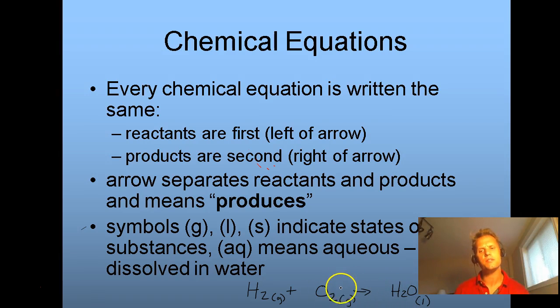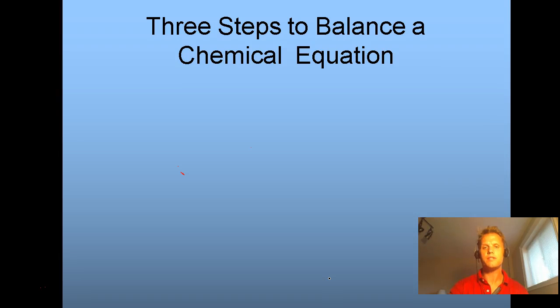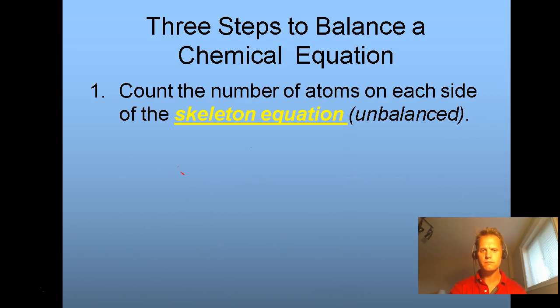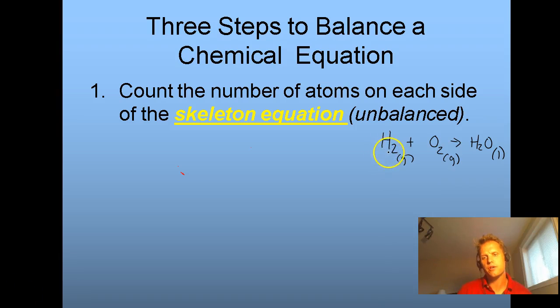Now this is known as a skeleton equation because it's considered to be unbalanced. So what does that mean exactly? Well, if you count the number of atoms on each side of the skeleton equation, you'll see that it's unbalanced. So here's our equation again, but what's unbalanced about it?